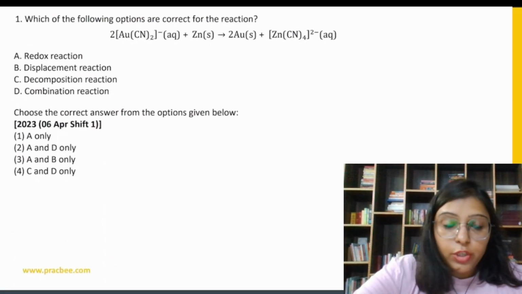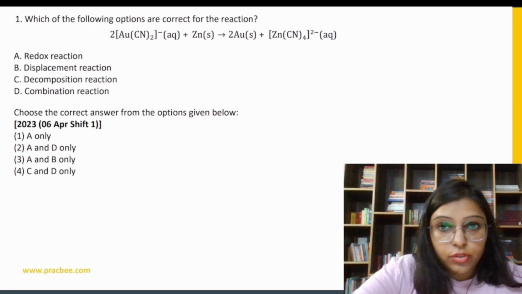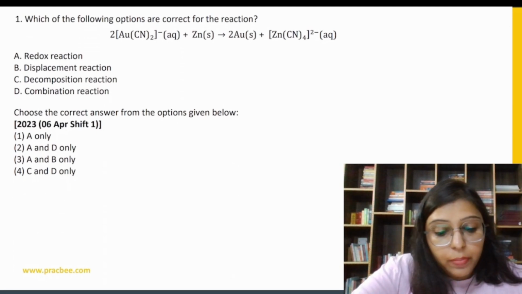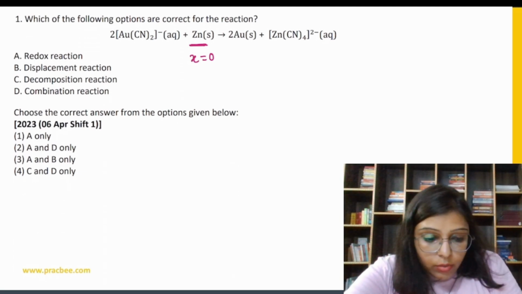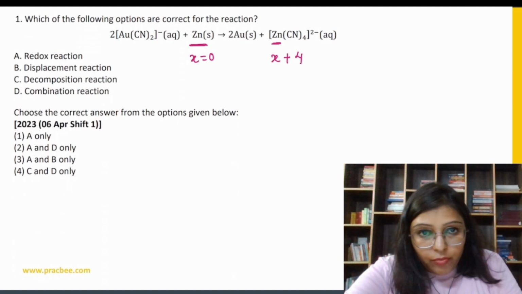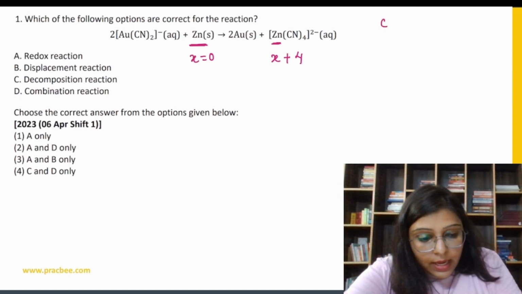Question number 1, which of the following options are correct for the reaction? If you see the reaction properly, you get some information. Here zinc is in solid state, elemental state, so oxidation number is equal to 0 for zinc. But if you find out the oxidation number of zinc in the product, it is X plus 4 cyanides, and cyanide oxidation number is equal to -1.